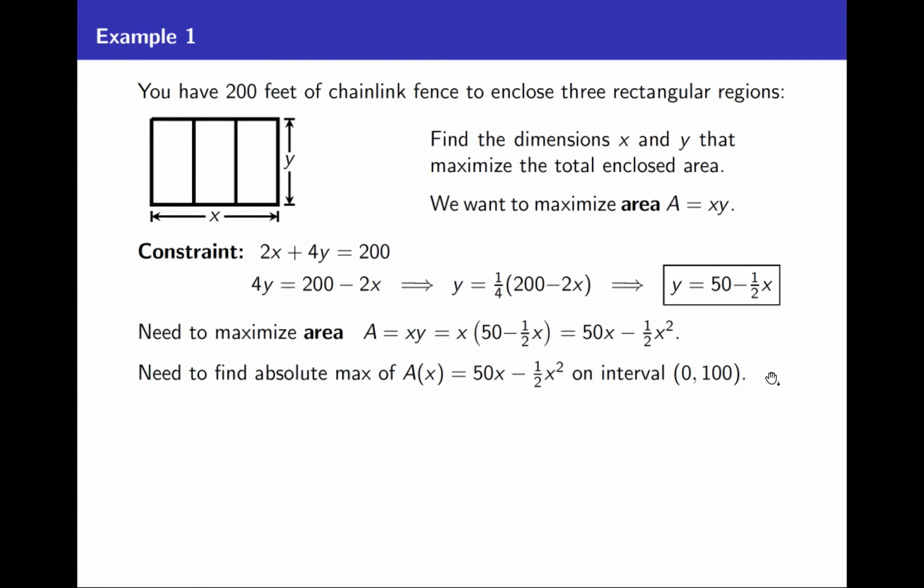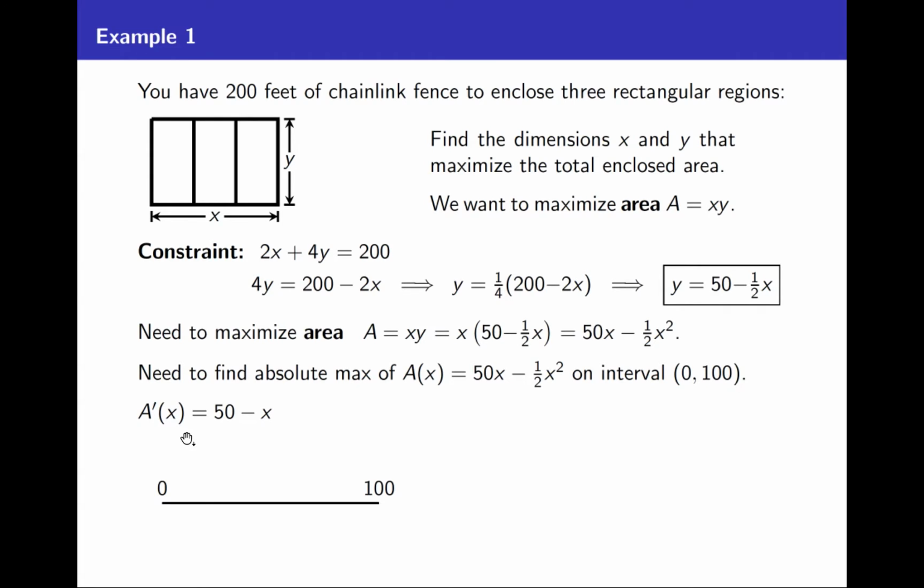Suddenly, this is looking like a problem from the previous section. We have a function we want to find the maximum of on an interval. So we know how to do that. The first thing we want to do is find the critical points of our function. Now the interval is from 0 to 100. I'm just going to put that right down there. And let's look for our critical points.